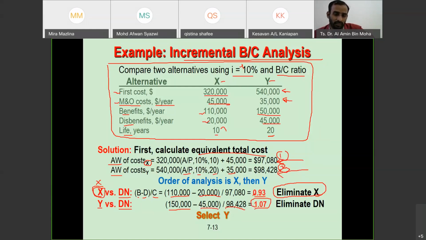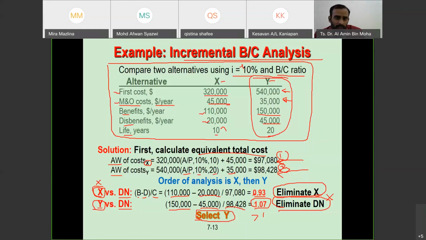Since it's greater than 1, the challenger wins. So we eliminate do nothing, which loses in this battle. So we are going to choose Y. The conclusion is Y has been selected.